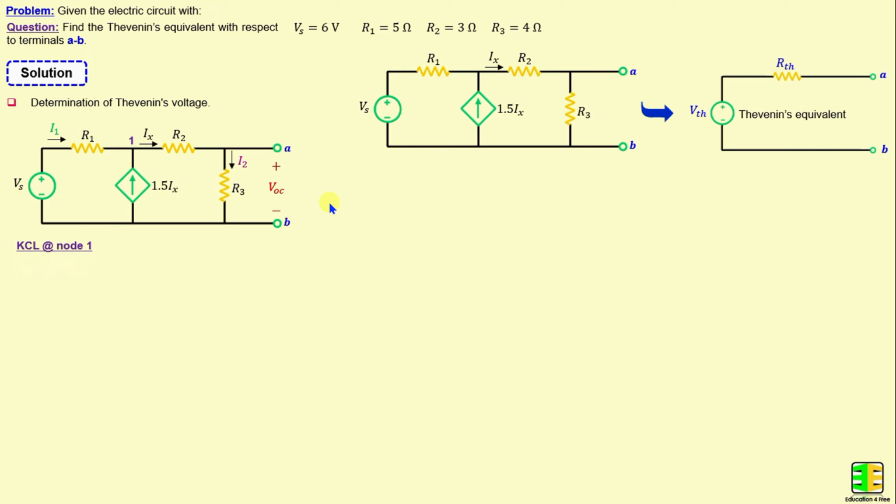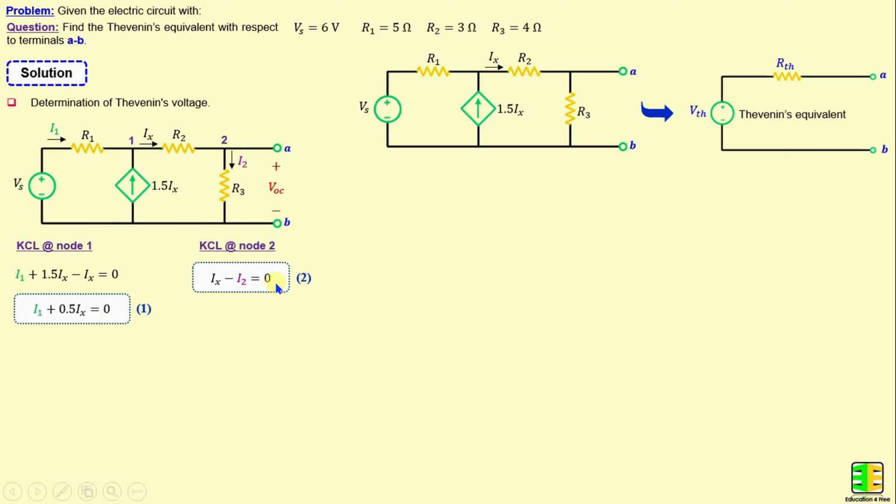By applying Kirchhoff's current law at node 1, we can write I1 plus 1.5 Ix minus Ix is equal to 0. That means I1 plus 0.5 times Ix is equal to 0. And now by applying Kirchhoff's current law at node 2, we can write Ix minus I2 is equal to 0.